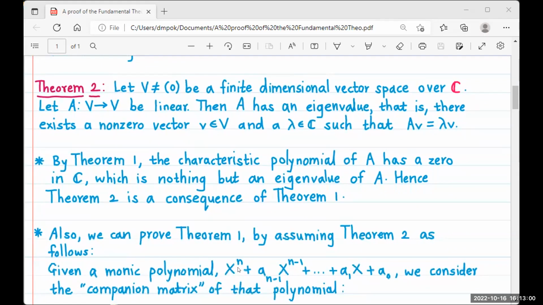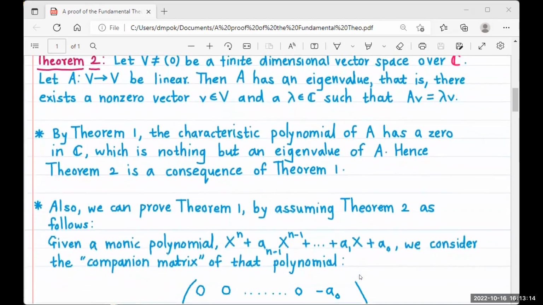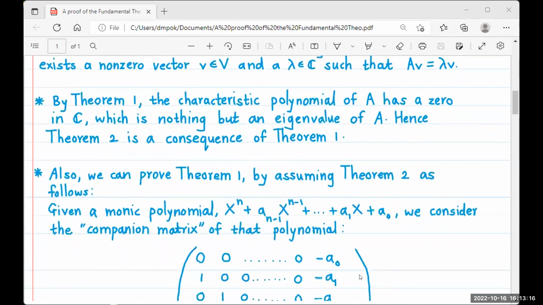So we are given a monic polynomial x^n + a_{n-1}x^{n-1} + and so on + a_1x + a_0, which is a polynomial over complex numbers. Then we can consider the companion matrix of that polynomial. How does that companion matrix look?